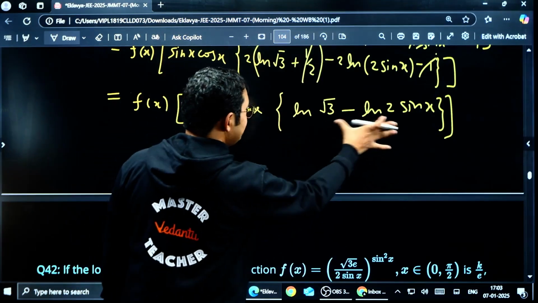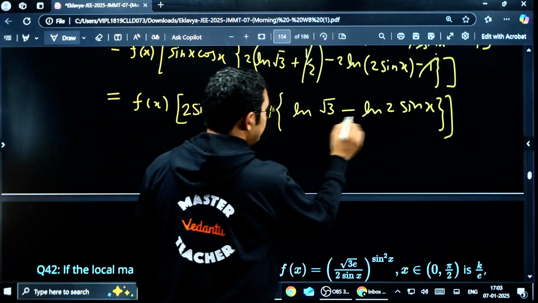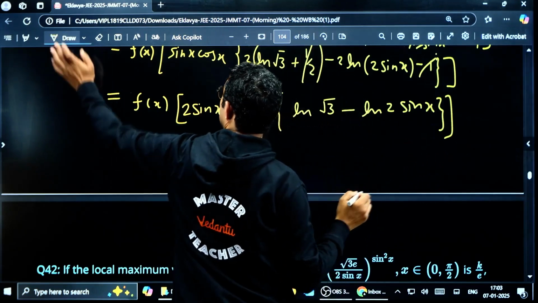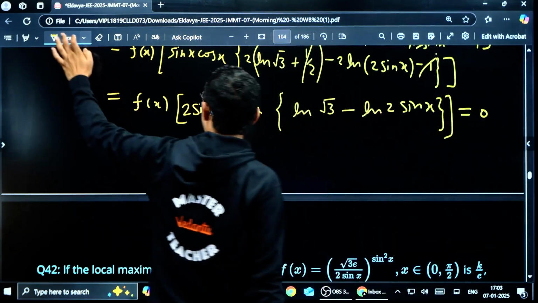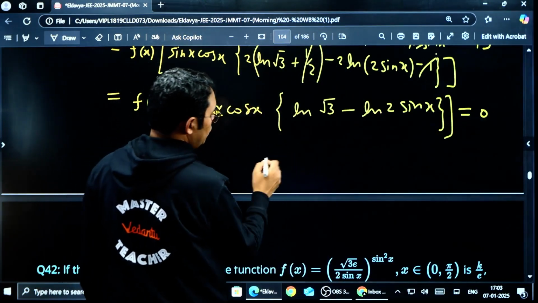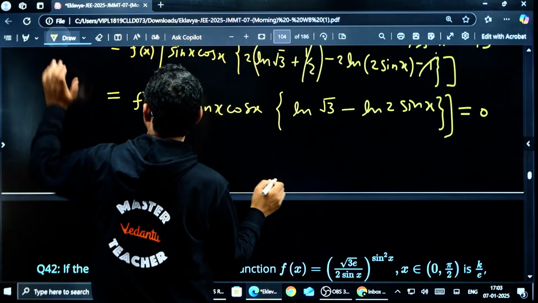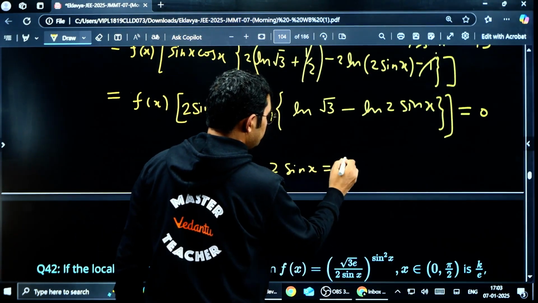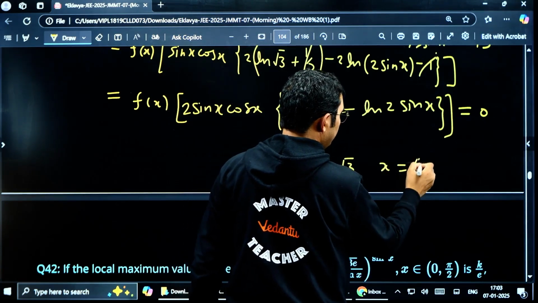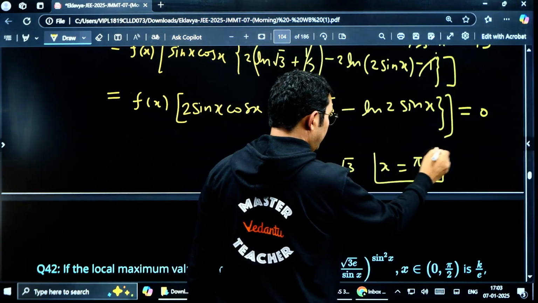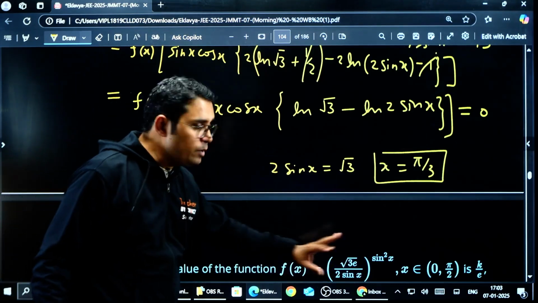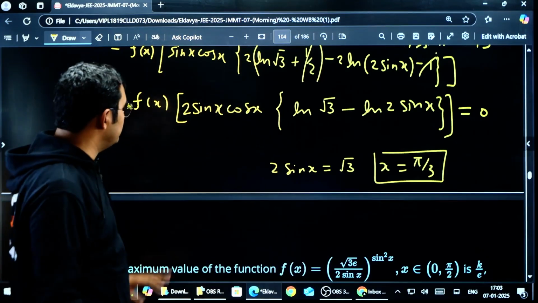So if I make this thing equal to 0, then we will be getting 2 sin x is equal to root 3, which gives x is equal to pi by 3 as the critical point. In fact, you can check for 0 to pi by 2, because this function is like that, it will always be positive. Sin x is positive, cos x is positive.